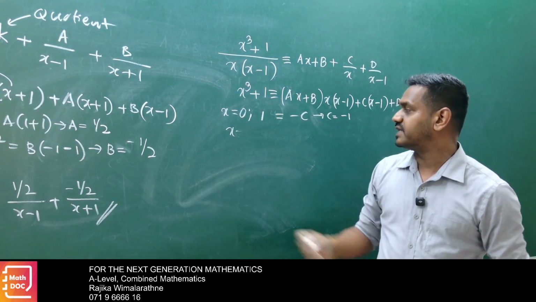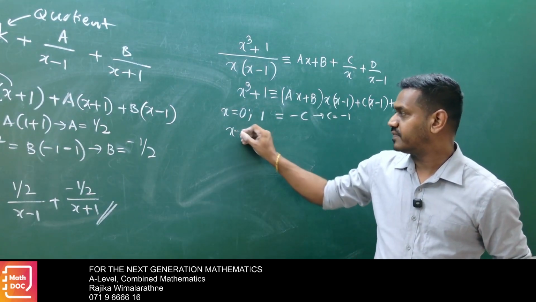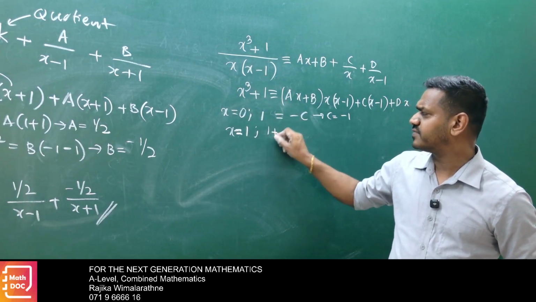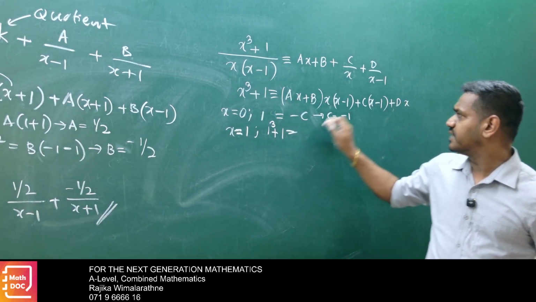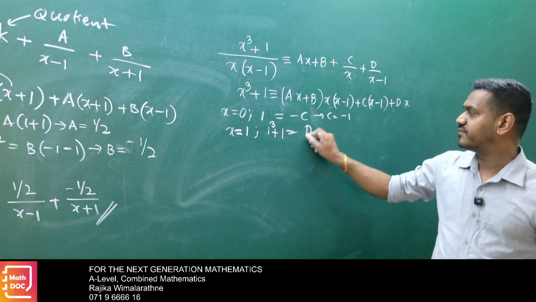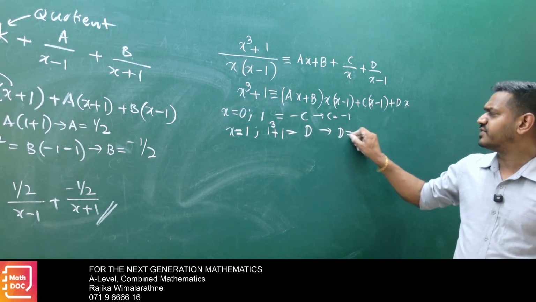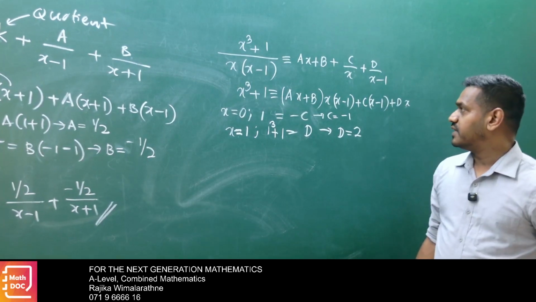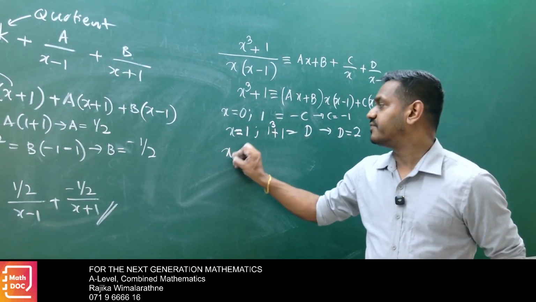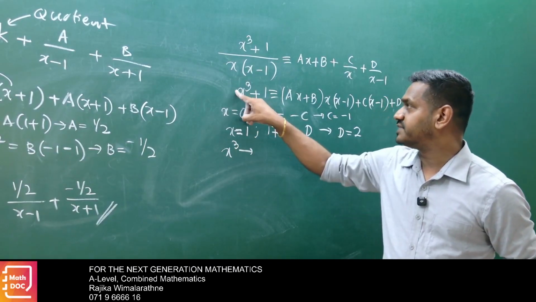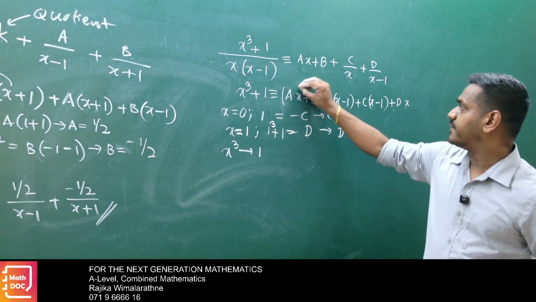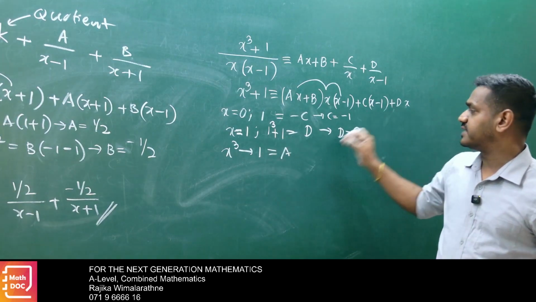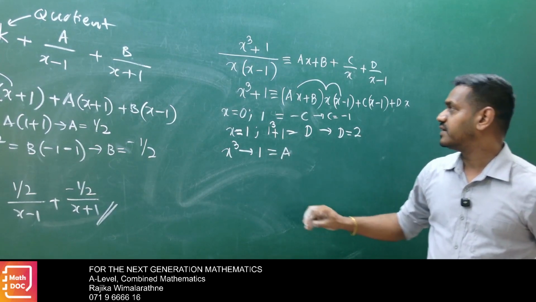Then substitute x equals 1: 1 cube plus 1, 0, 0, here d. Then the d value equals 2. Then equate coefficients: x cube coefficient here 1, here a, no any other thing, then a value 1.